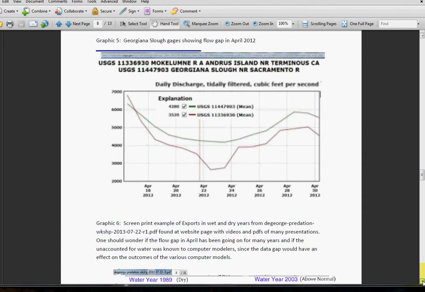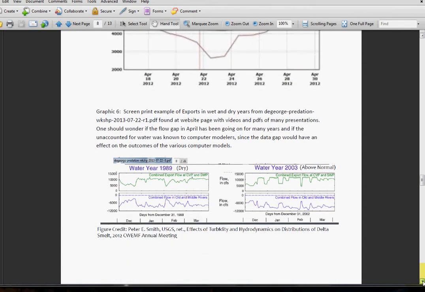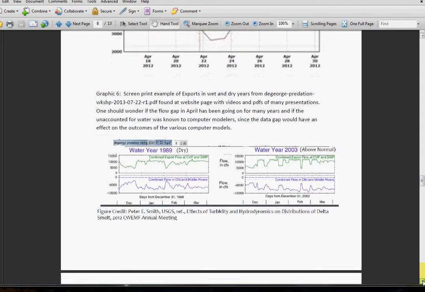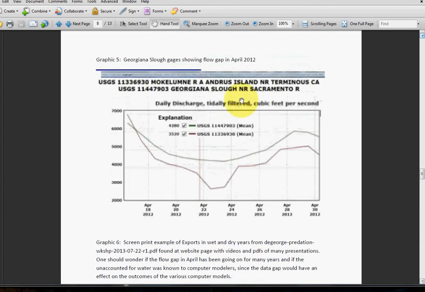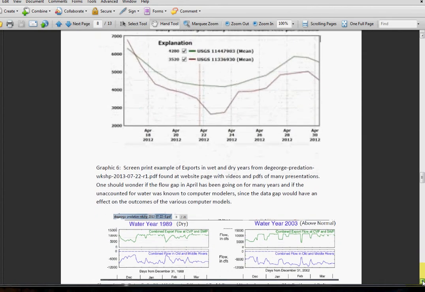Is that counted in the computer modeling for the Bay Delta Conservation Plan? I don't believe it is, which means the computer modeling needs to be redone to account for that. However, maybe it does, and it's just another case where the DWR either changes the chart or comes up with some logical or illogical explanation.